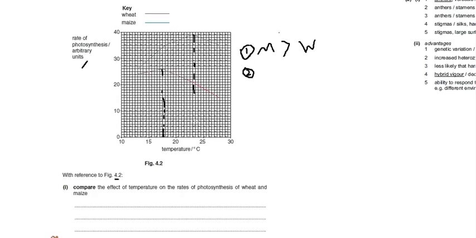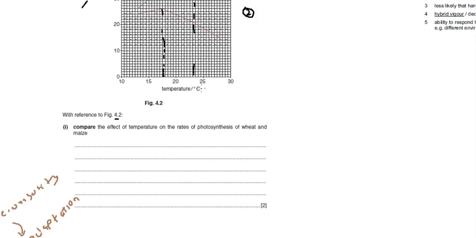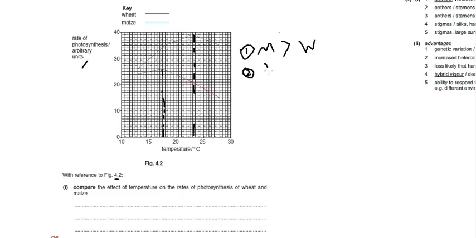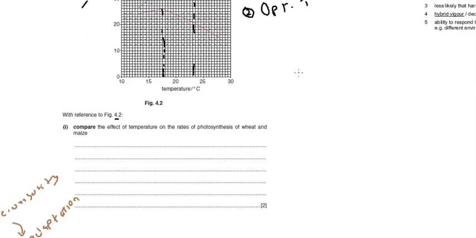This shows that the optimum temperature for maize is higher than the optimum temperature of wheat. So the second point is about optimum temperature.